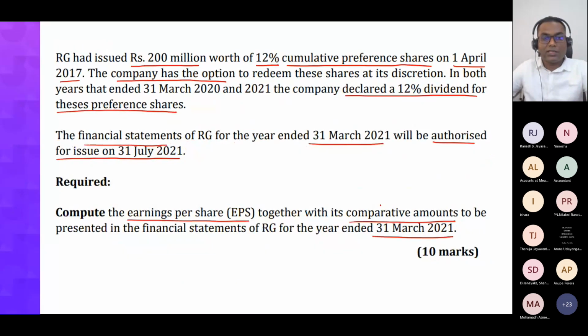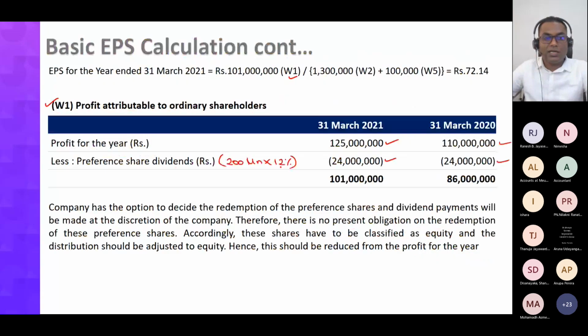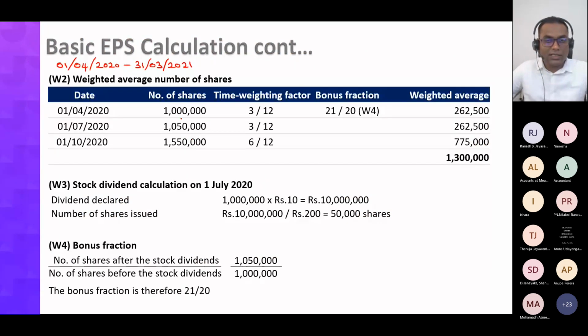The number of shares stayed at 1 million shares, right? 1 million shares were there for how many months? 3 months. For the time being, forget about this bonus fraction and the weighted average column, right? Just focus on the first 3 columns. Then on 1st April 2020 to 30th June 2020, 3 months.